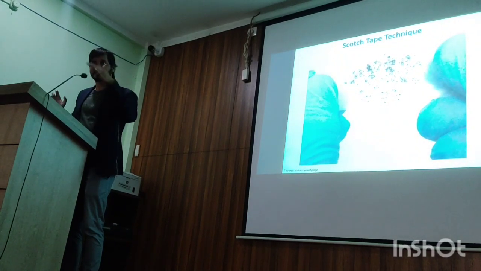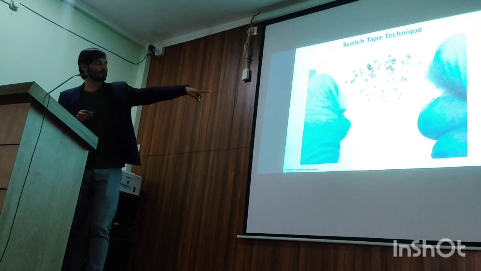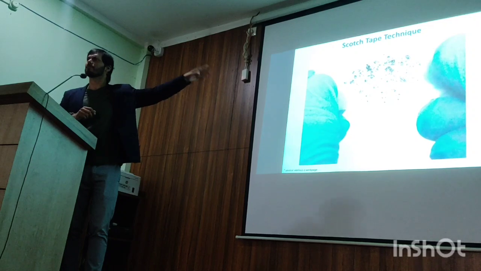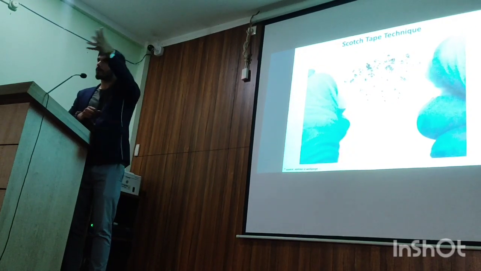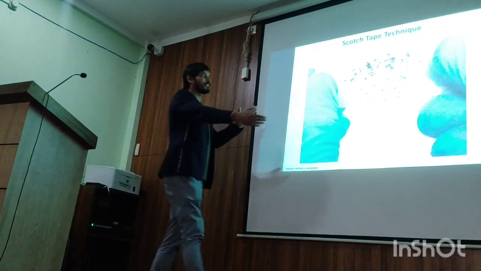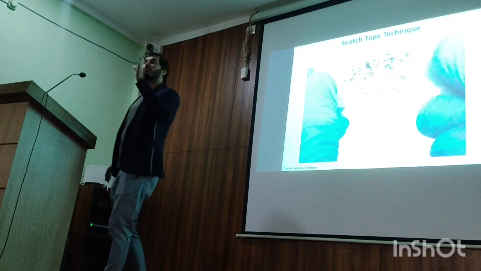There is a tape involved. What you require is a tape, and on the tape there is graphite. So this is the tape, and this is graphite. Now you have to do a small exercise.